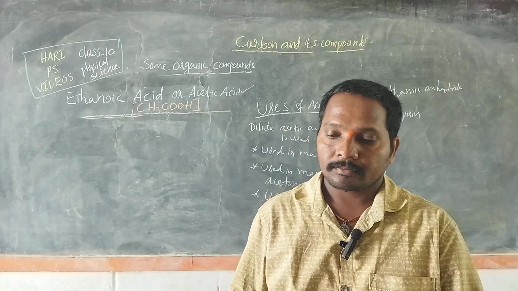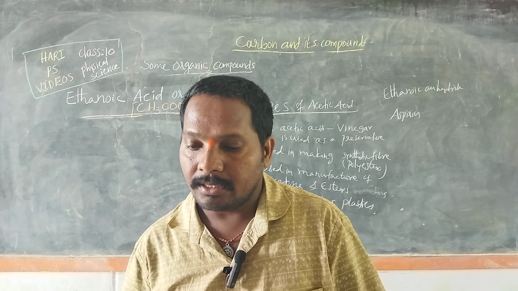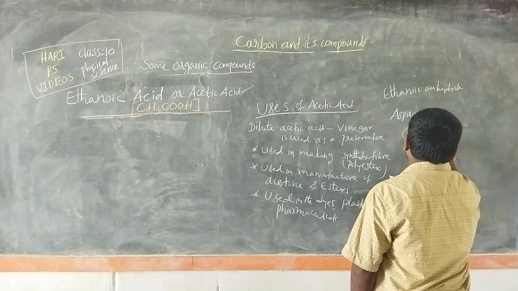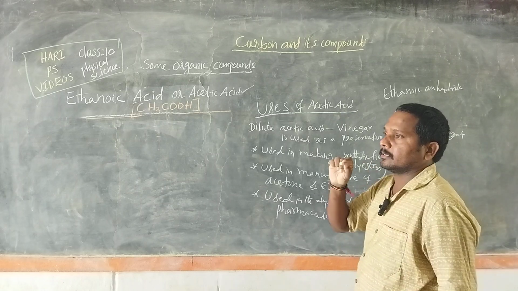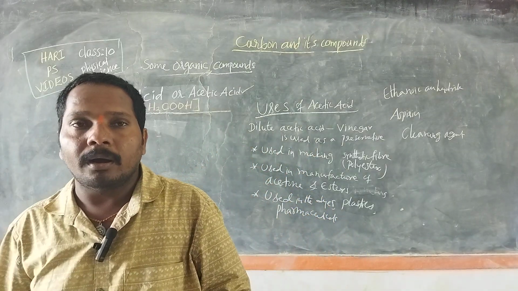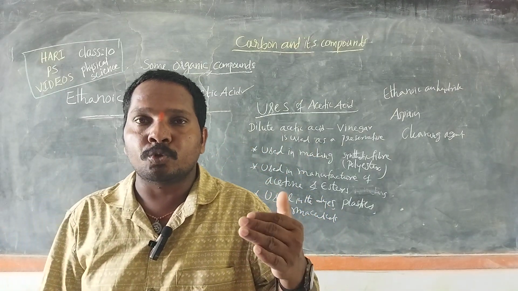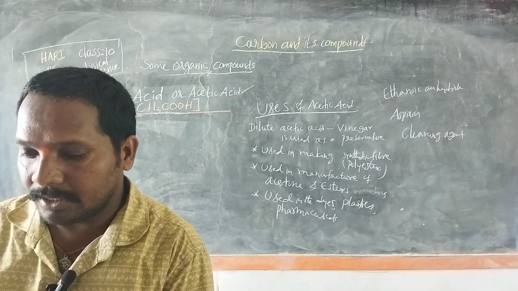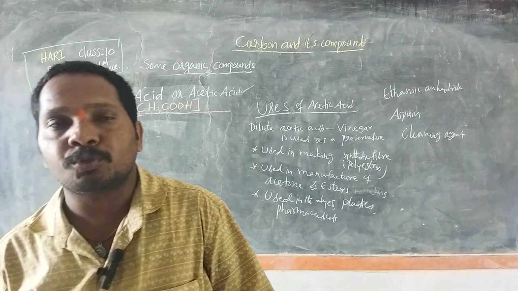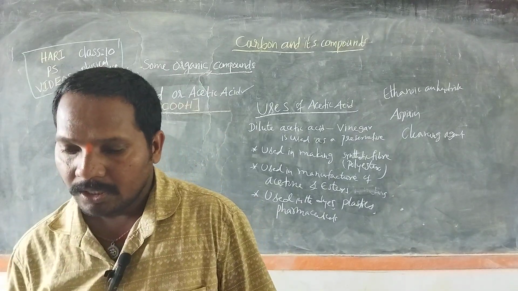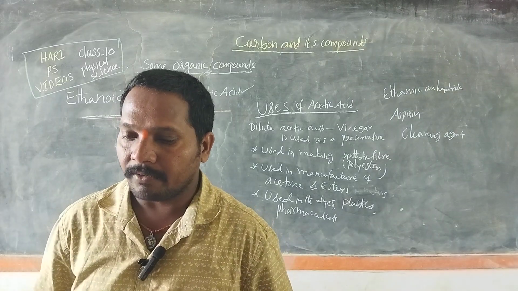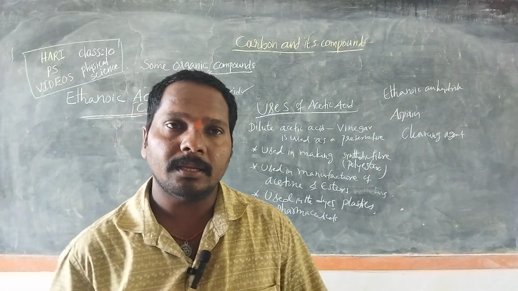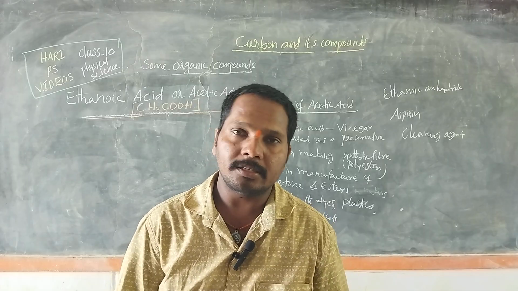So those are the uses. And ethanoic acid is also used as a cleaning agent for removing marks of coffee and soap scum, and also as a disinfecting agent for cleaning household surfaces, and to remove stains from fabrics such as carpets and other surfaces. Very easy to understand, no problem.